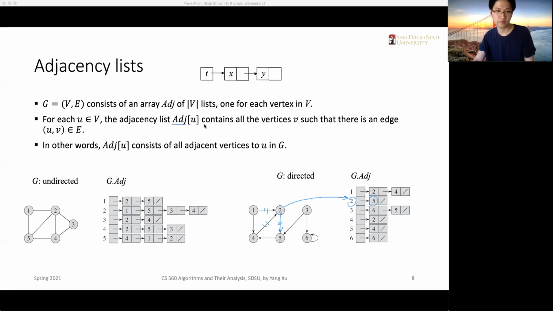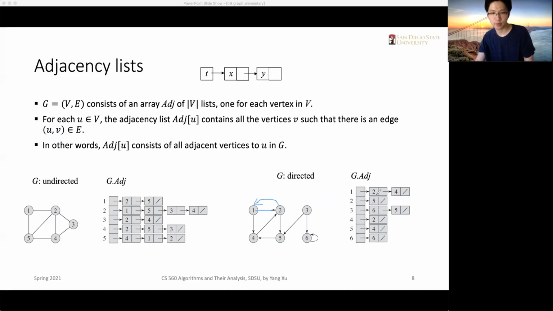That is because the definition of the adjacency list is all the vertices V such that the edge starting from U and ending at V exists in E. In the graph here, we only have the edge from 1 to 2, but we don't have the edge from 2 to 1.